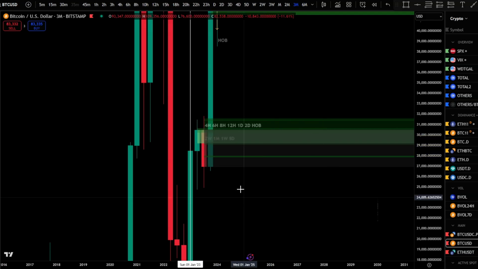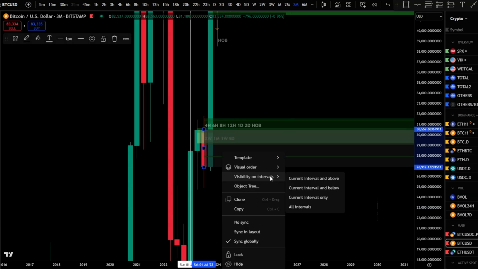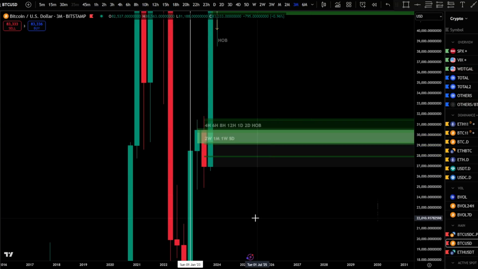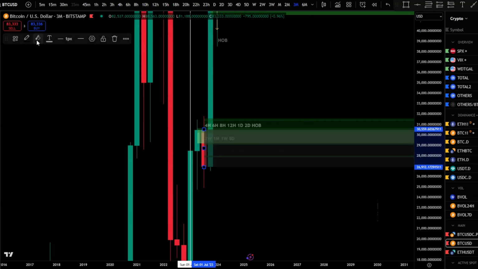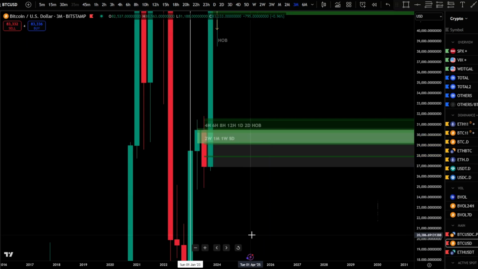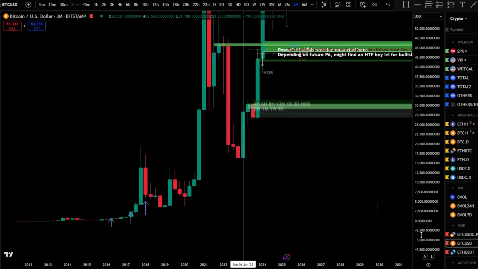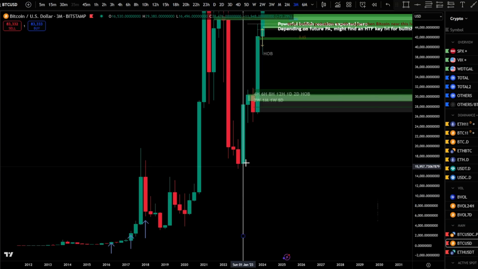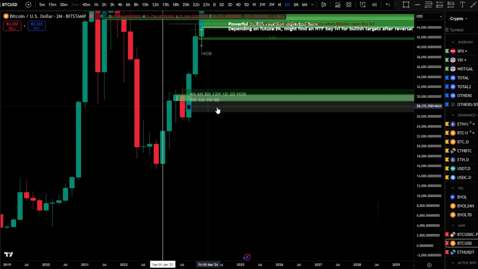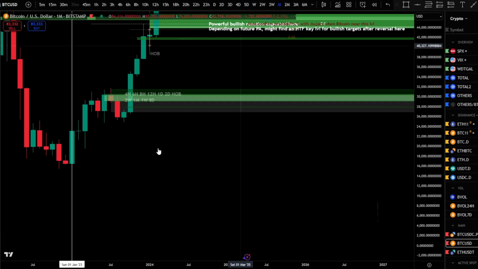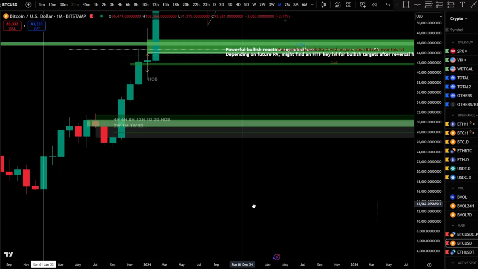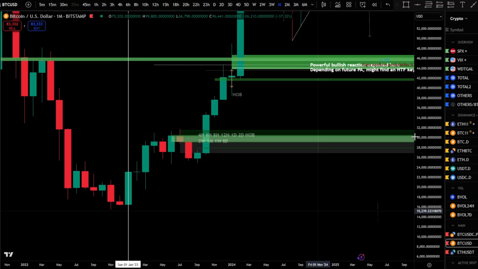Seems very, very strong here, this level. Not much more. 2 months demand, monthly, very nice here.